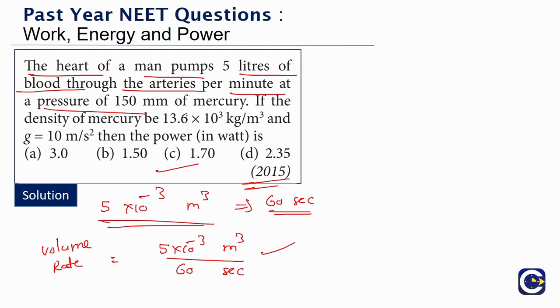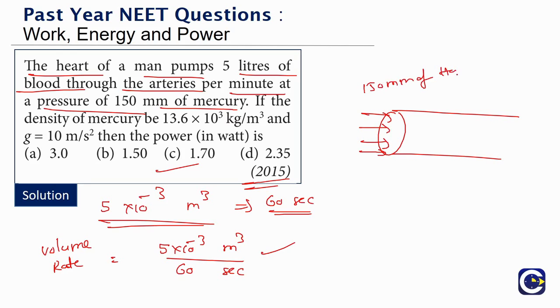This is done at a pressure of 150 millimeter of mercury. Means if you have the artery like this, right? We are pumping it with a pressure of how much? 150 millimeter of mercury. If you want to convert this into the SI system, means 150 divided by 760, because 760 millimeter of mercury is 1 atm.